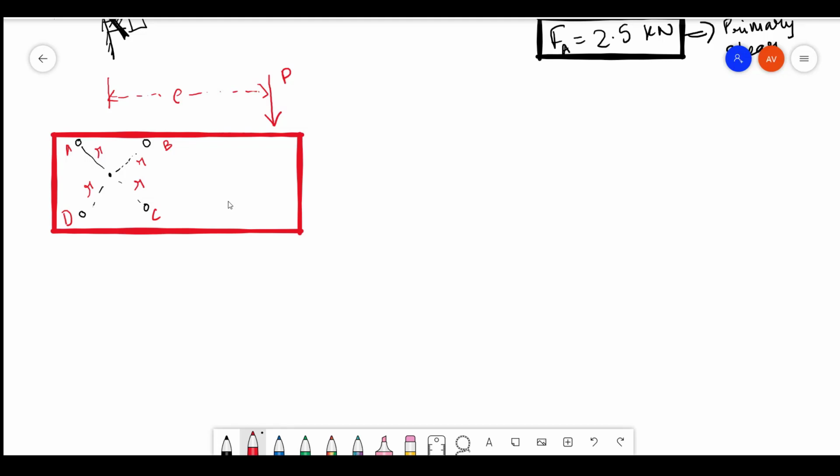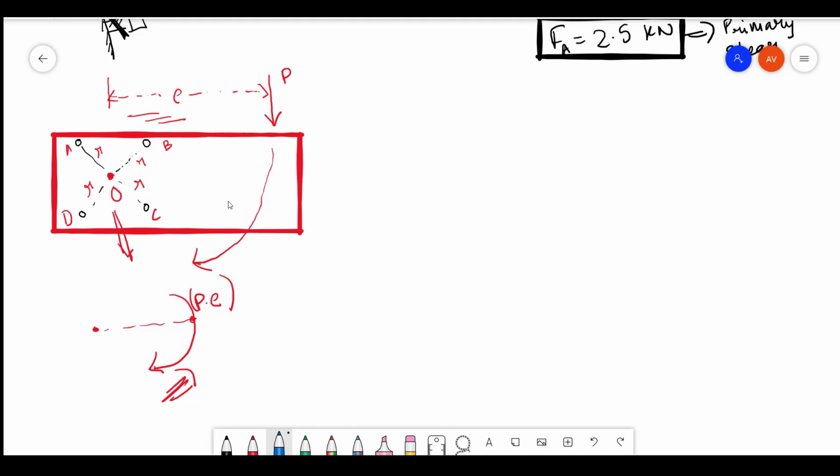You are having a moment like this, right? So about this origin, let's take this as origin, you're going to have a moment like this because of P. So that is P into E, the distance from that point of load. You're going to get a moment like this. So you have to balance this moment.